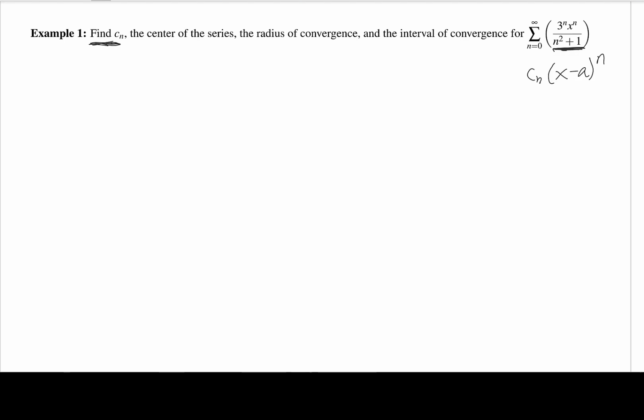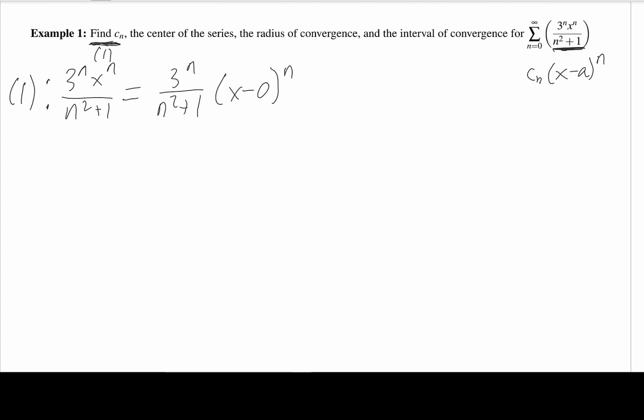Well, here, so let's see, I'm going to call this part 1. So in part 1, we have 3 to the n x to the n over n squared plus 1. Well, that would be the same thing as 3 to the n over n squared plus 1 times x minus 0 to the n. And so here, we can see that c sub n is going to be this part right here. So c sub n is going to be 3 to the n over n squared plus 1.